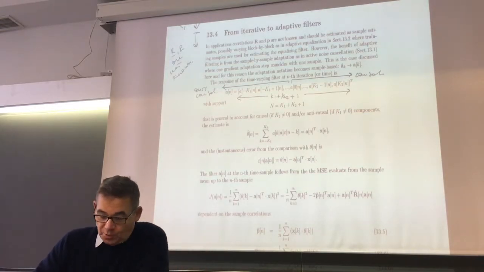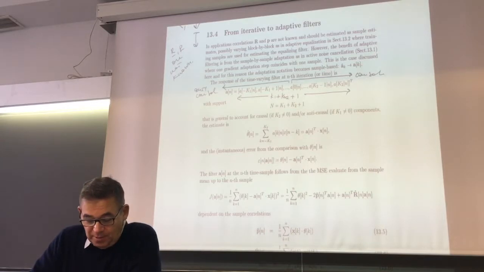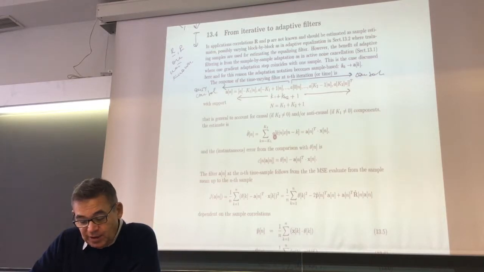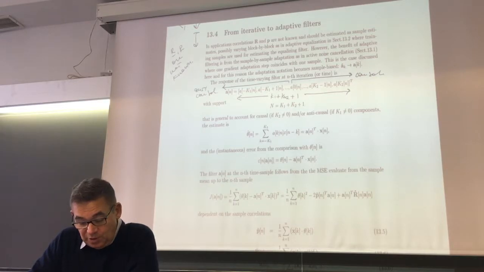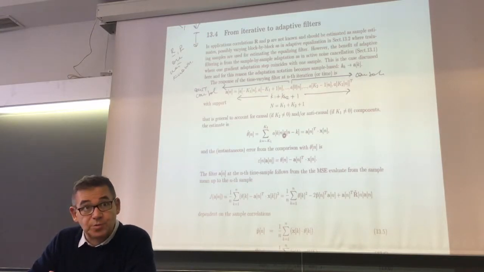Now, what I need to do is estimate theta hat. Theta hat is estimated by taking the coefficients a_k, and now I have a new term, which is the iteration n, referring to the sample that I'm considering. I have a set of coefficients that is filtering x. This x is the convolution part.